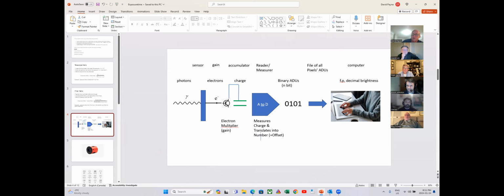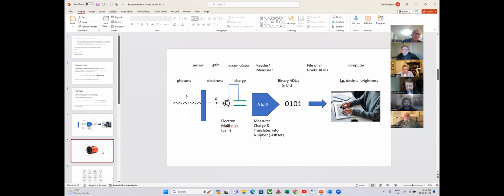So it's basically going from analog to digital there. Then it finally gets into your computer, and most of the processing translates your array of ADUs representing all the pixels in your camera into a decimal brightness.